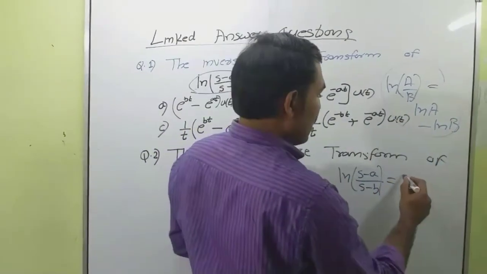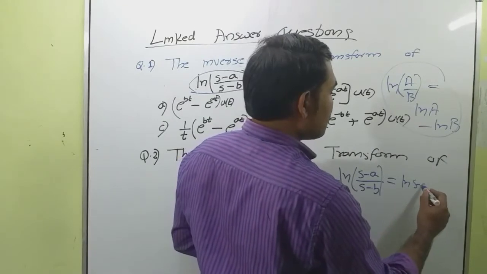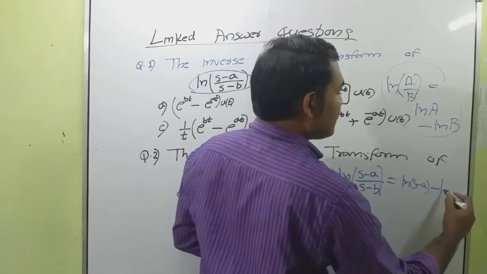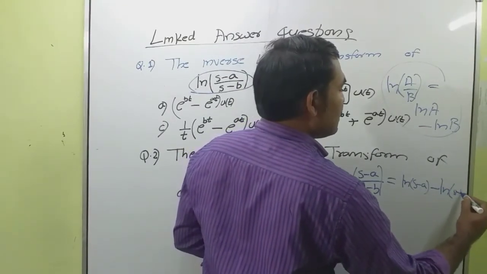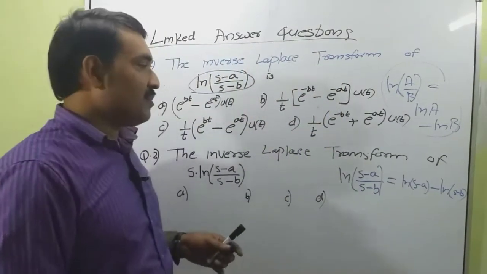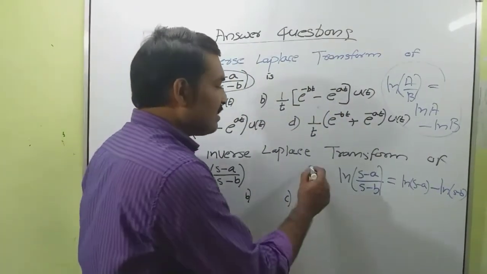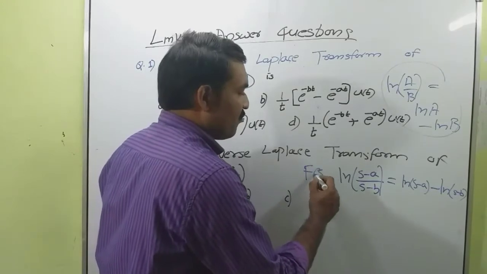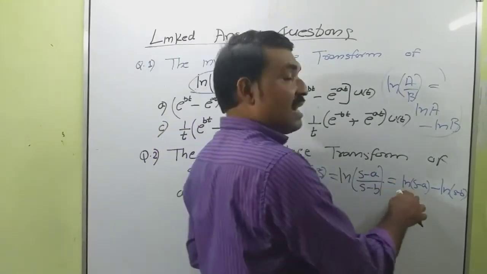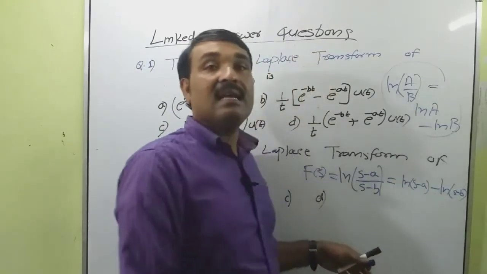So this is equal to ln of s minus a minus ln of s minus b. Okay, now let this be a function F of s. So F of s is equal to ln of s minus a minus ln of s minus b.